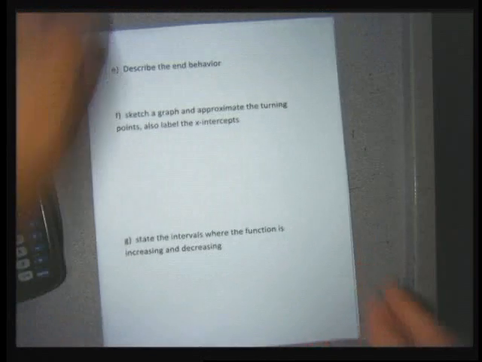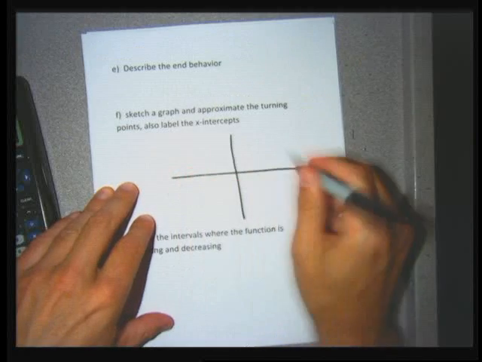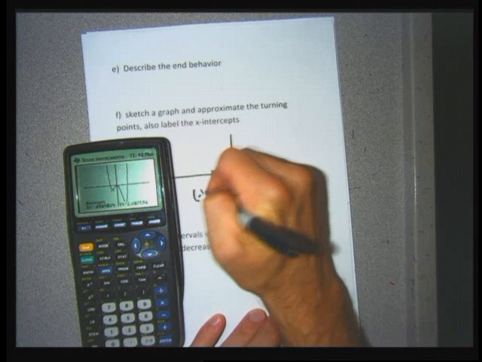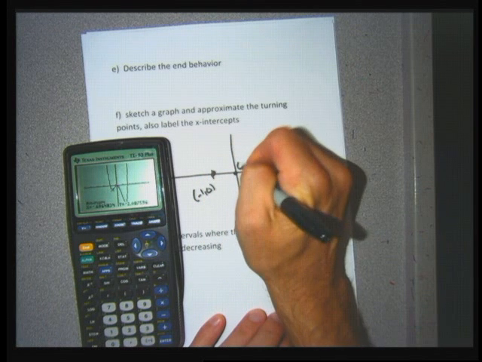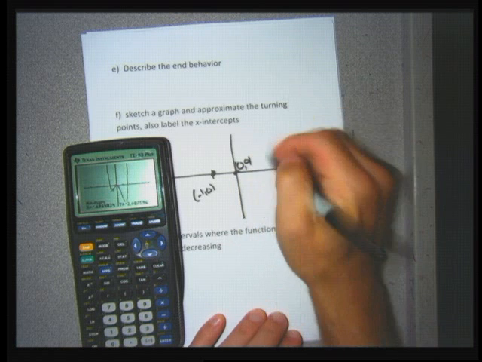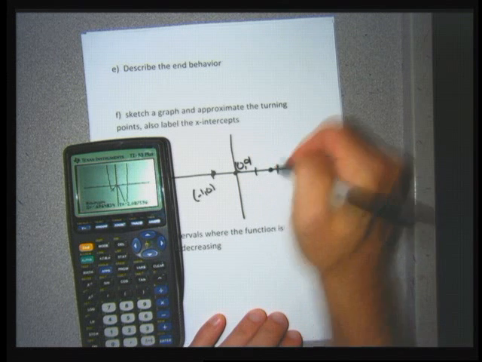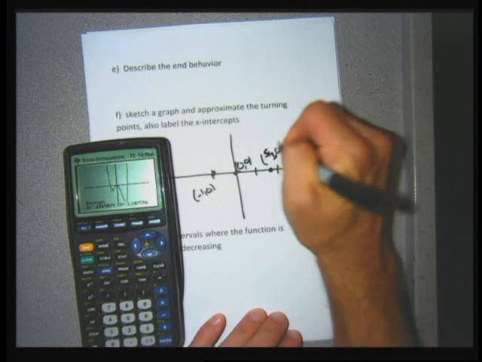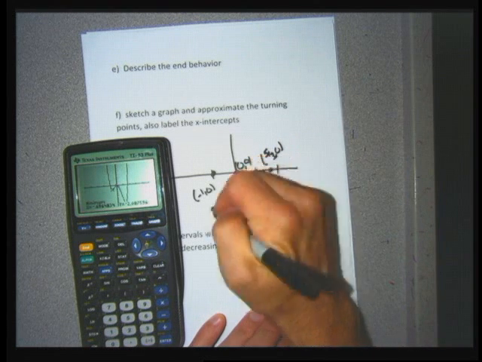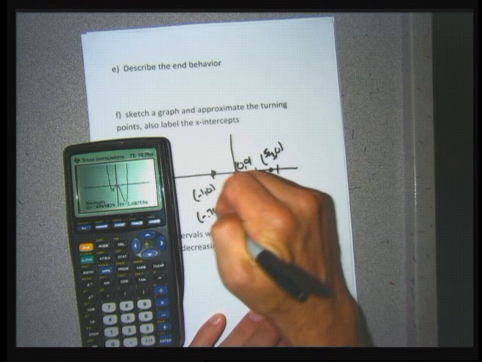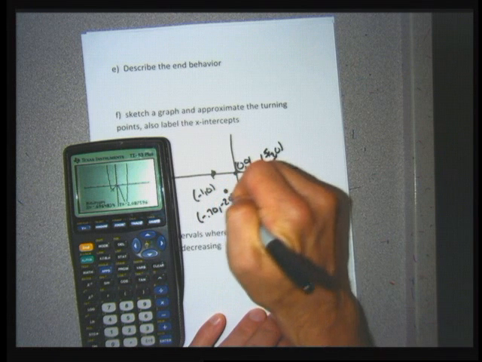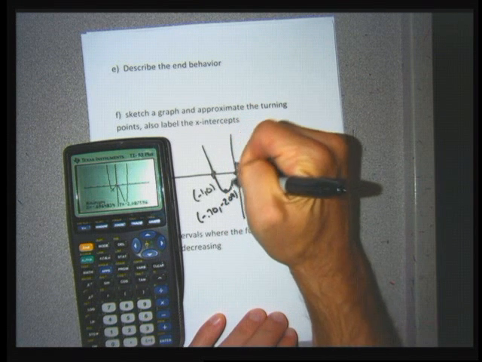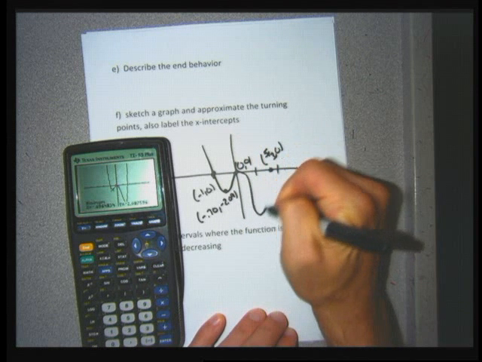So this graph has an x-intercept at -1, 0, an x-intercept at 0, 0, an x-intercept at 5/3, 0, which is 2 2/3, 0, and I know this low point is at -0.70, -2.09. So I've got this much of the graph kind of known from here to here. It drops down and comes back up.